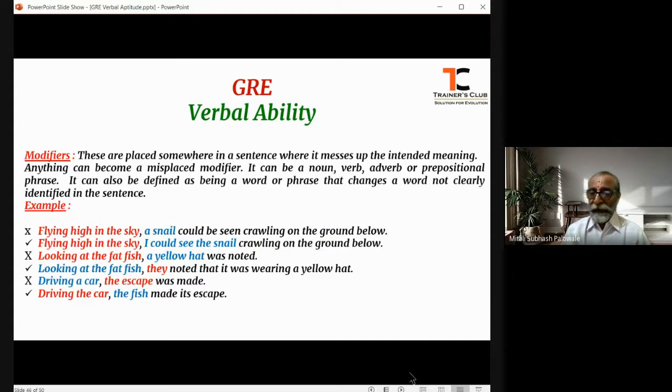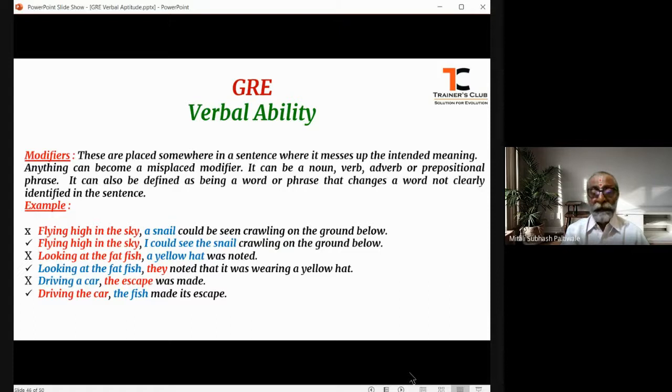So anything can become a misplaced modifier. The misplaced modifier need not be a particular part of speech. That's why I explained to you in the very beginning the functions and definitions of parts of speech, so that it will be easy for you to understand whether the modifier used is a noun or a verb or an adjective or a preposition.